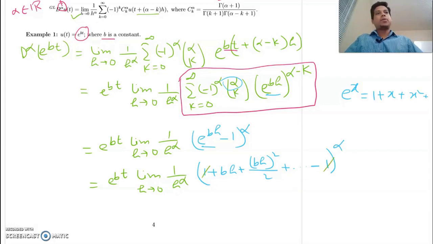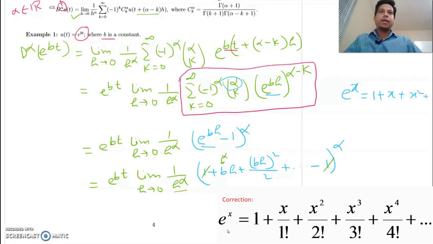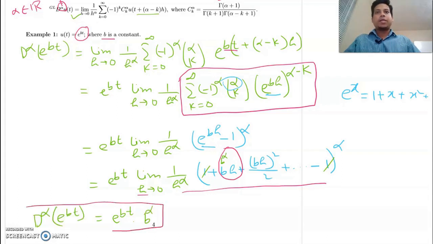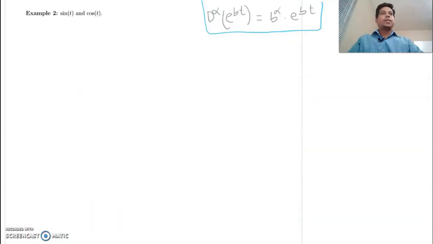So if we expand this, the first term would be b to the alpha times h to the alpha, but if we multiply by this h to the alpha, the first term would be only b to the alpha. Now if we take the limit h tends to 0, except the first term, all the terms would be 0. So we get exponential of bt times b to the alpha. So this is the alpha order derivative of exponential of bt, which is equal to exponential of bt times b to the alpha.